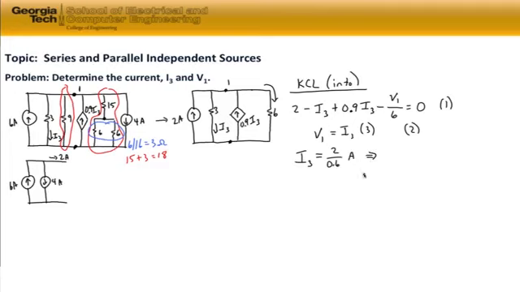V sub 1, using Ohm's law, is equal to 2 divided by 0.6 amps times 3 ohms, and that gives us 10 volts for V sub 1.